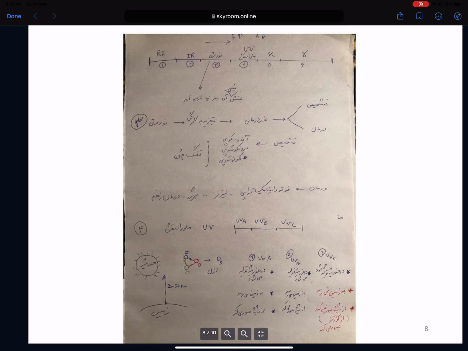And also, I just want to let you know something about the normal lamp which we use in our house, in your classroom, or other places where we want brightness. These types of lamp are not dangerous because they are made of normal glass. I am sure they create some UVA, but their intensity of UVA is much less than the intensity of UVA from the sun, so they are not dangerous.